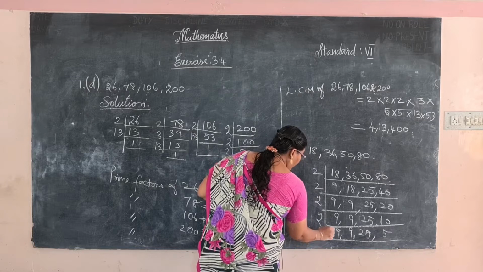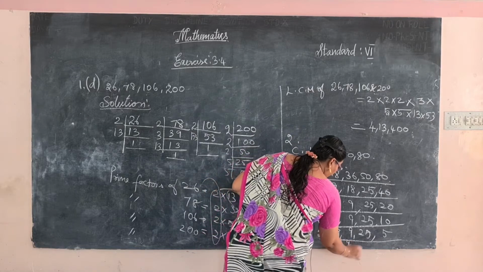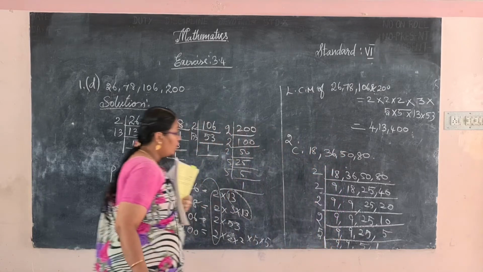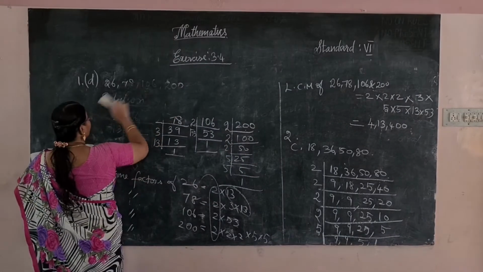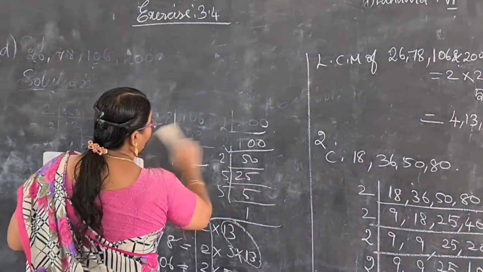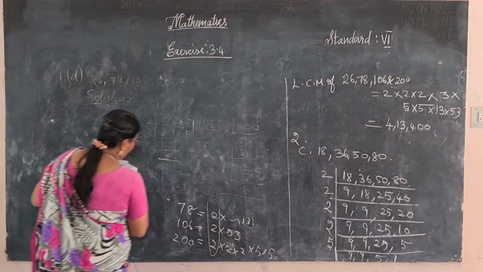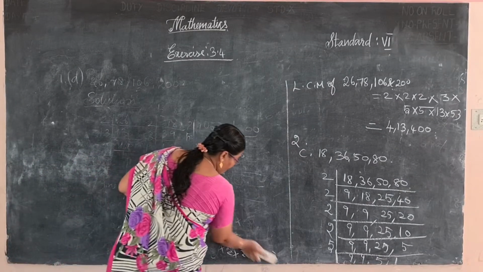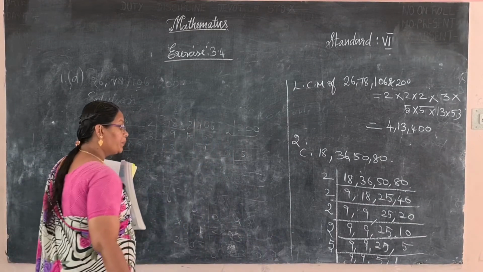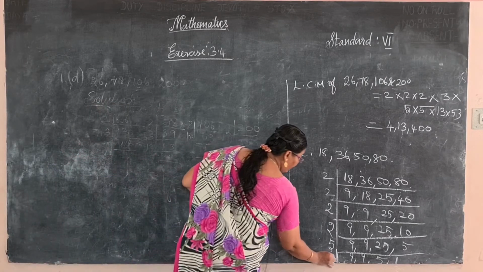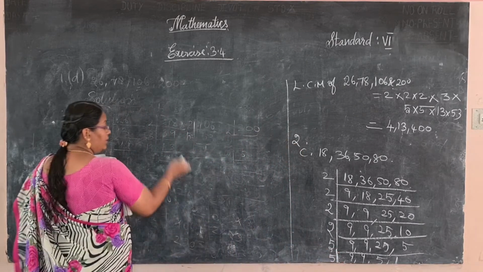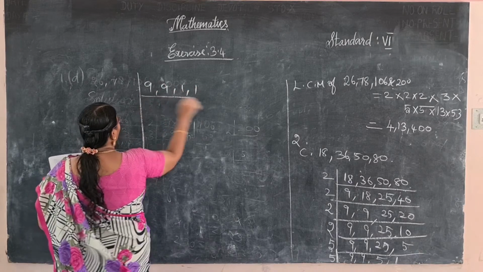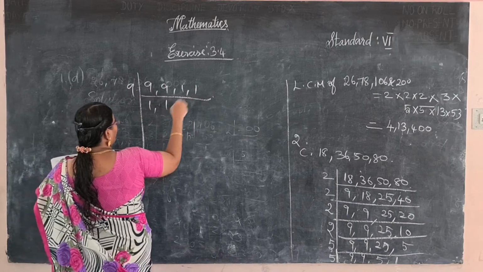Next 5 table, 9, 5, 5. Again 5 table, 9, 1, 1. Again 9 table, 1, 1, 1, 1.